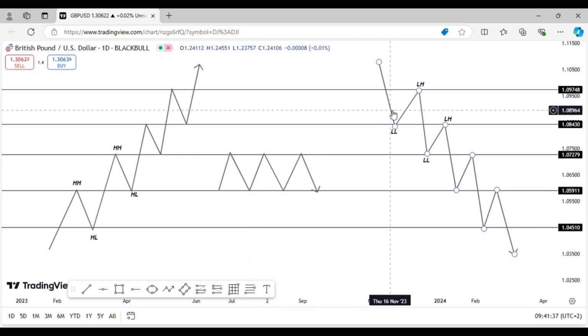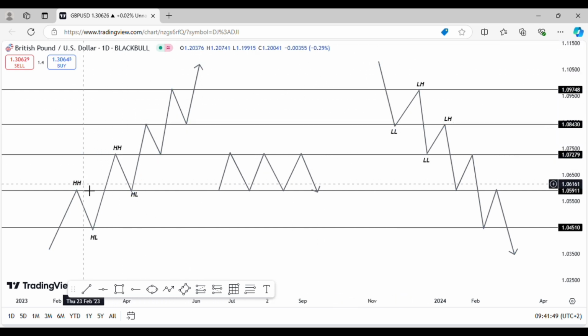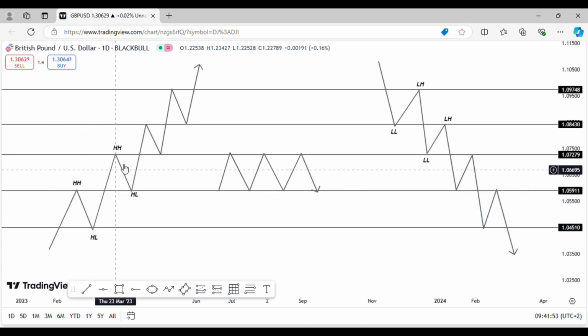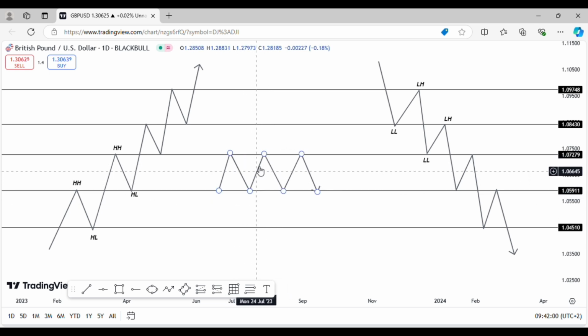I'll also guide you through a change of character, meaning when an uptrend is changing to a downtrend. An uptrend consists of higher highs, higher lows, what we call impulse and correction. Then we have a consolidating phase, when the market is just going up and down.